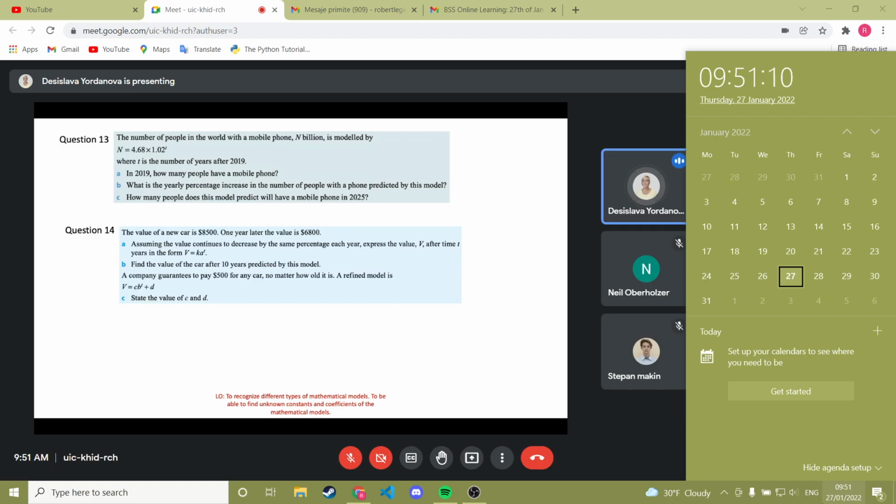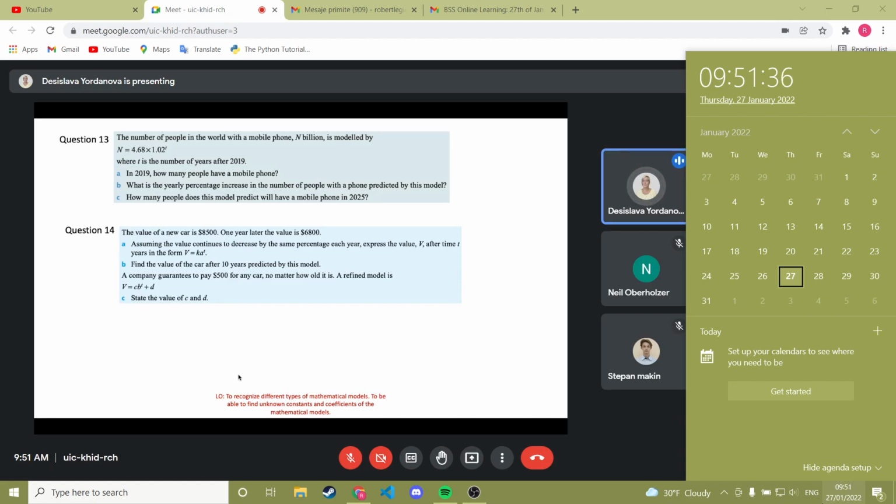How do you solve the last one? Any suggestions for the last part? Probably going to be plus 500 on the end. Yeah, but why?